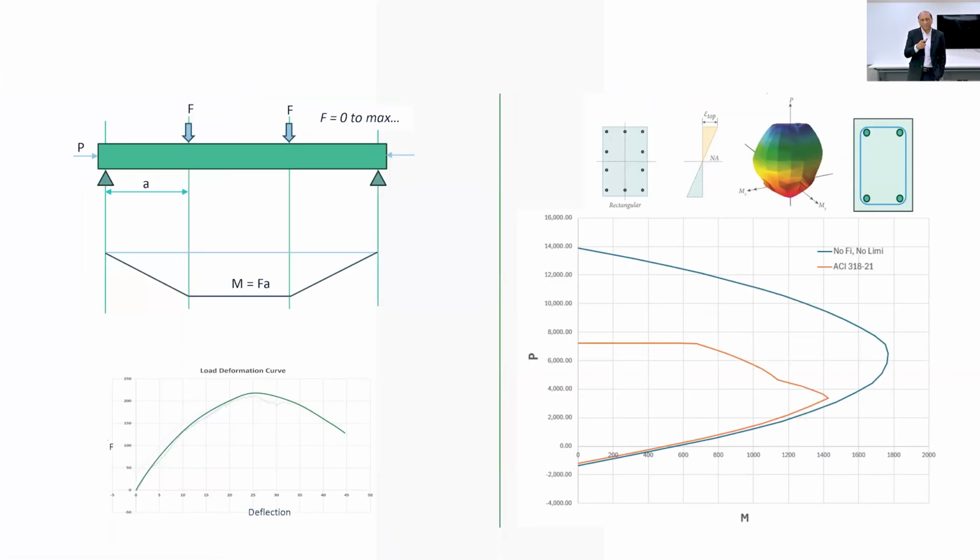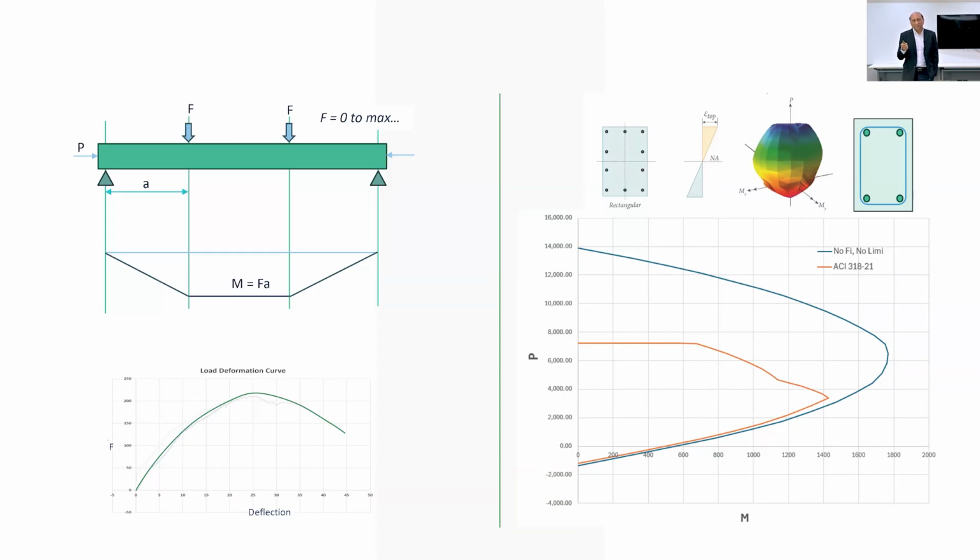For example, if you look at this beam, same beam, similar beam, and we have two loads, if we increase the load from 0 to maximum, you can see the bottom line here, the beam will deflect in a non-linear manner, not in a linear manner. At some point, it will start to crack, then deflect a lot, then damage a lot, and finally it will break.